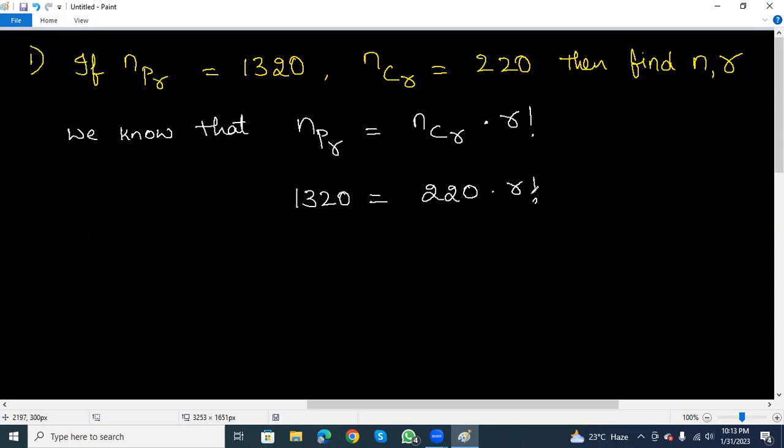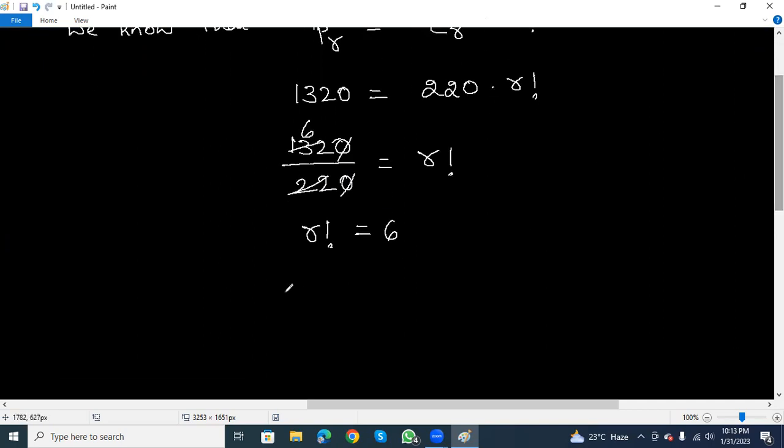Isolate r factorial, bring this 220 this side. 1320 by 220 is equal to r factorial. The zeros get cancelled. 22 sixes are 132, or else you can simply cancel with the 11 table. r factorial is equal to 6. What is r here? 2 threes are 6, so it's 3 factorial, 3 into 2 into 1. So r is equal to simply 3.